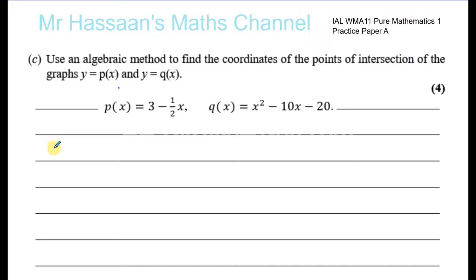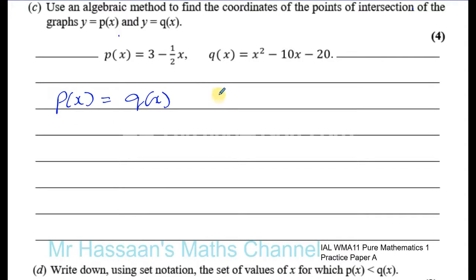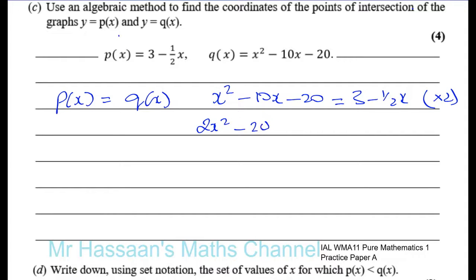That's where they'll intersect. So that's what we need to do. We need to find when p of x is equal to q of x. Okay, so let's just do that. So we can say x squared minus 10x minus 20 is equal to 3 minus a half x. I'm going to multiply both sides by 2 to get rid of the fraction here, just to make it simpler. 2x squared minus 20x minus 40 equals 6 minus x.